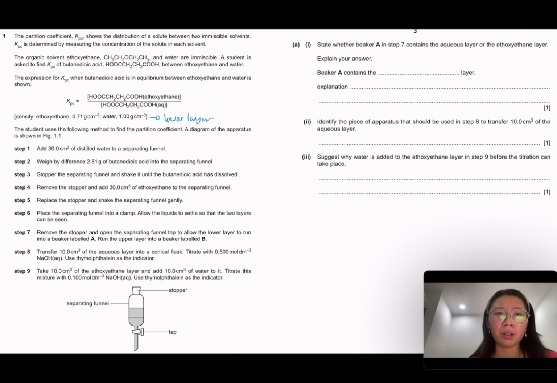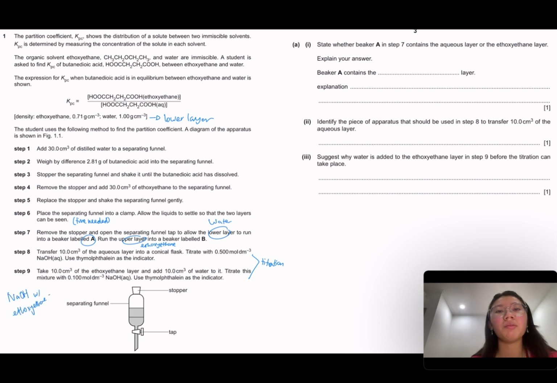Remove the stopper and add 30 centimeter cubes of ethoxyethane to the separating funnel. Step 5. Replace the stopper and shake the separating funnel gently. And step 6. Place the separating funnel into a clamp. Allow all liquids to settle so that the two layers can be seen. Again, time is needed for the two layers to completely settle. That's why you clamp it. So you don't have to hold it forever.